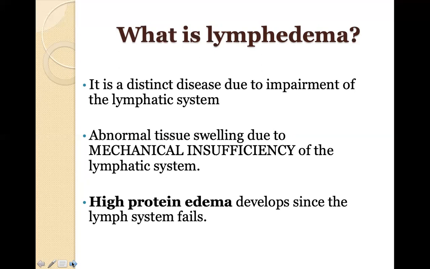High protein edema leads to certain physiological changes in which the proteins gradually become very fibrotic within those tissue spaces, and the resultant effect is induration or brawny edema, where it may be very difficult to actually pit that skin.